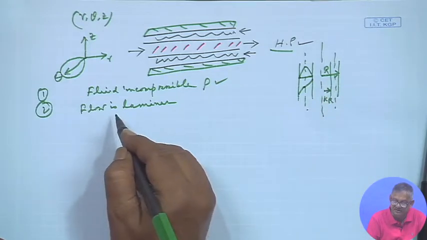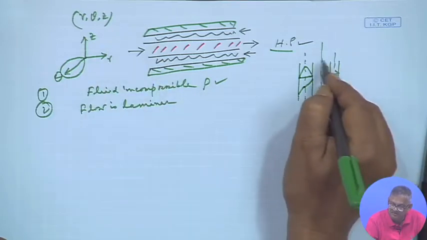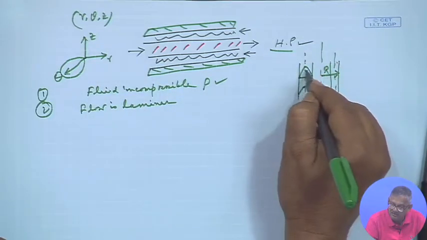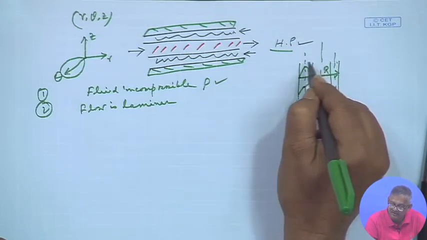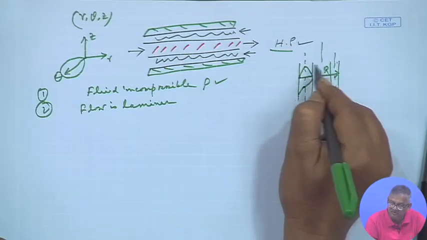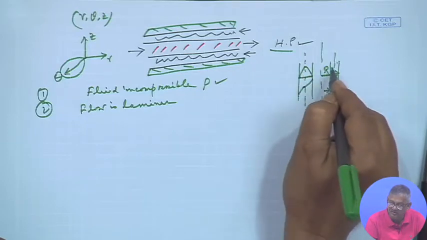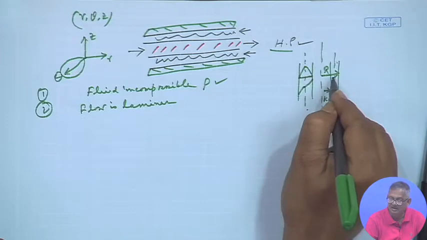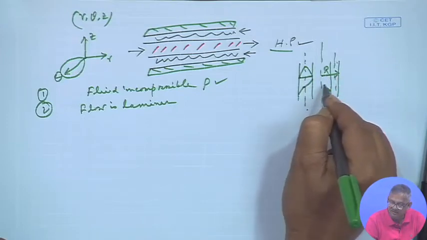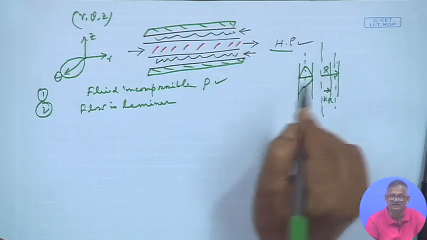So, flow is laminar, that is why the third dimension. When the flow is occurring, it is like this. So, in this theta direction there is no rippling, no turbulence. They are having a streamline flow, that is why we are not keeping theta in this.